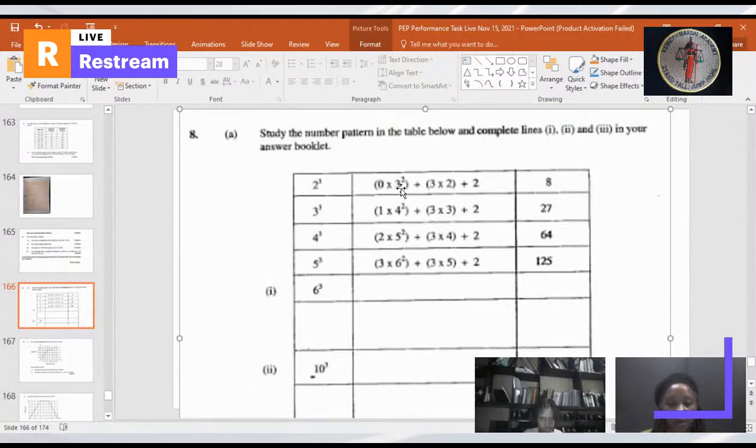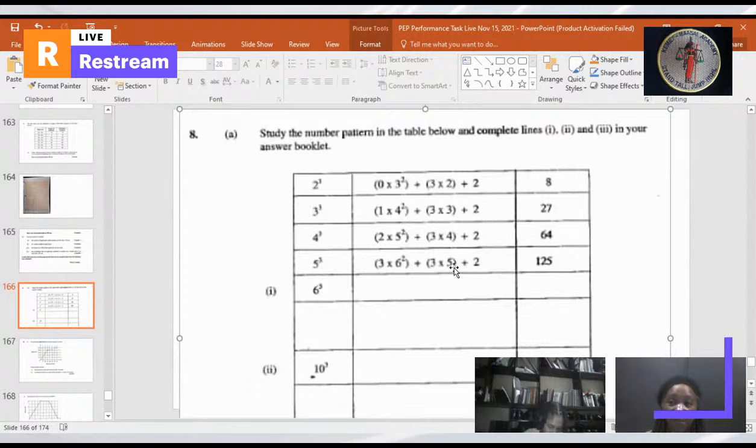This number is this number plus 1. And this number is the same number. Whatever is here, that's it. So see there, this is 3 minus 2, 3 plus 1, and 3. This is 4 minus 2, 4 plus 1, and the 4. This is 5 minus 2, 5 plus 1, and the 5.